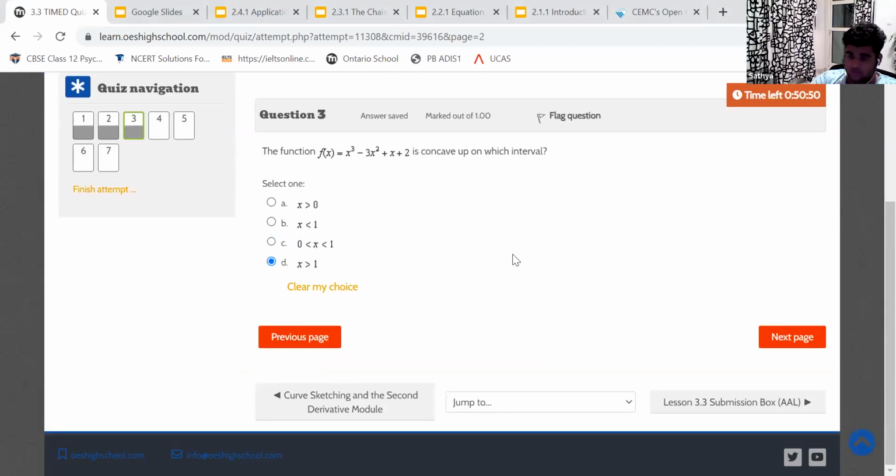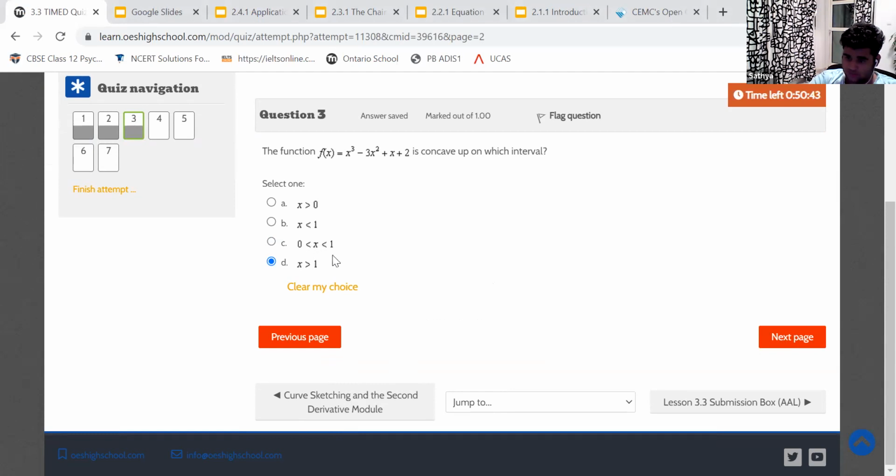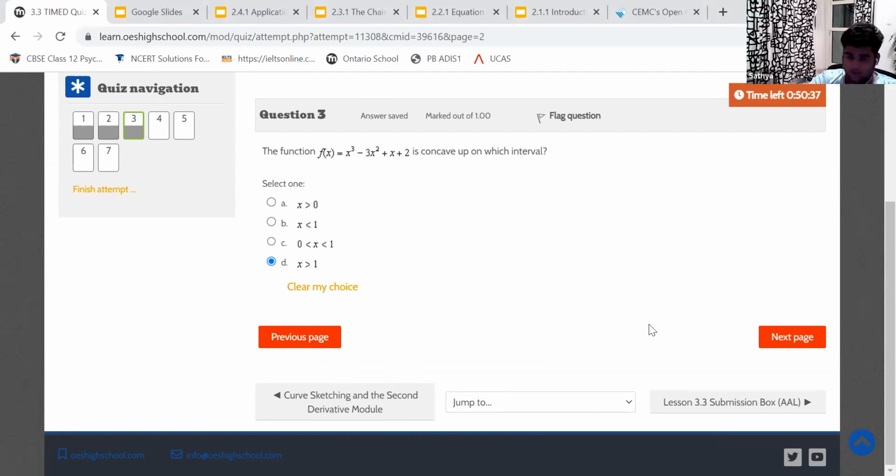So it's fine, it's x greater than 1. Is it also the second one, 0 less than x? No, it is not between 0 and 1. It is greater than 1. Okay.